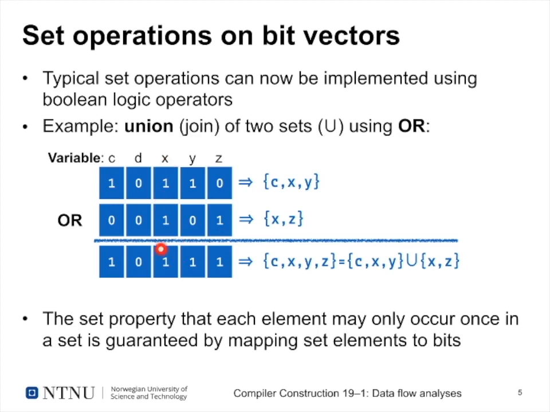Here we can ensure that each element, even if it's in both original sets, only shows up once in the target set. So using this, we can do the union or join operation of these two sets. We have a joint set of 1, 0, 1, 1, 1, which represents C, X, Y, and Z, which is of course the union of all variables contained in the original input sets.